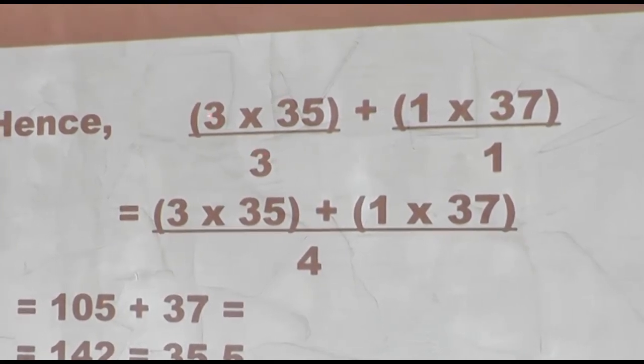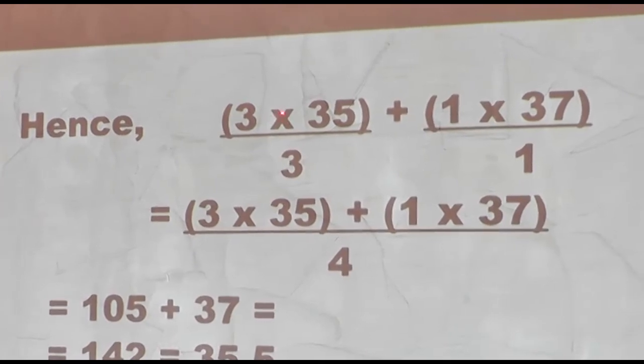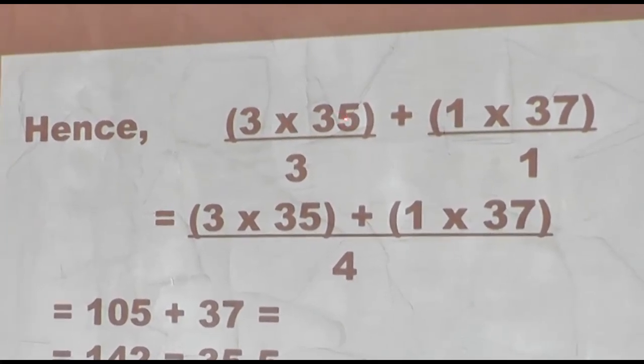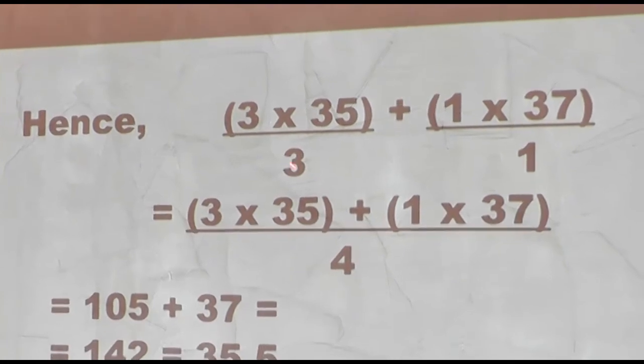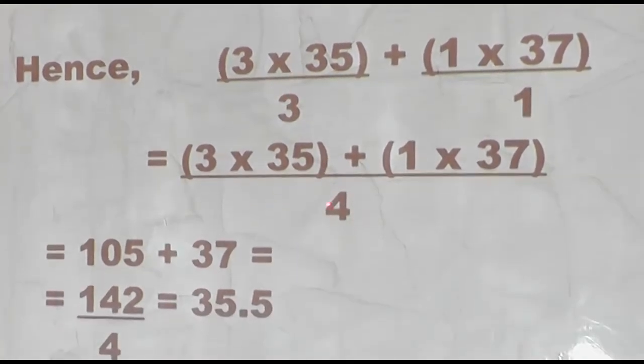Again, percentage ratio 3 multiplied by 35 mass number, divided by the percentage ratio 3 plus percentage ratio 1 multiplied by the atomic mass 37, divided by the percentage ratio 1. So 3 multiplied by 35 plus 1 multiplied by 37, all over the total ratio 3 plus 1, which is what?